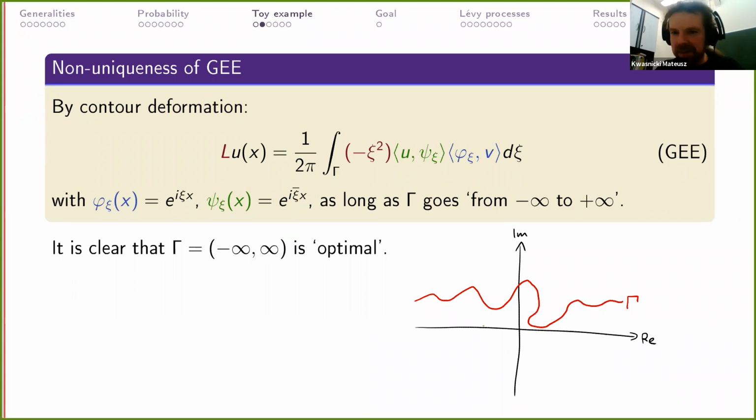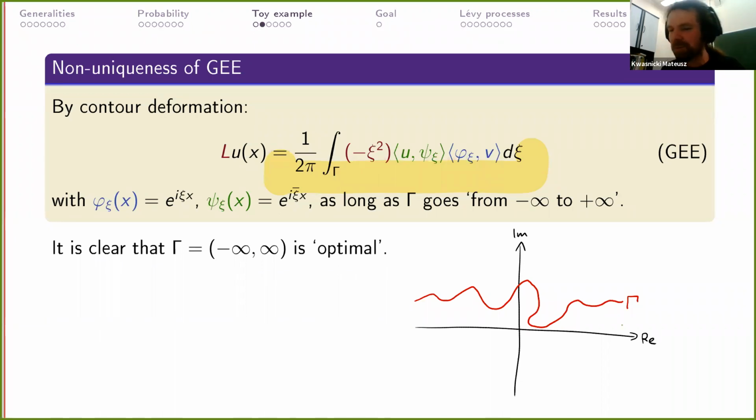Sorry, before we do that, I want to make one remark about generalized eigenfunction expansion. Even in this simplest possible setting, the generalized eigenfunction expansion is not unique, because we can write the integral from the previous slide and then change the contour of integration to essentially any curve that, informally speaking, goes from minus infinity to plus infinity.